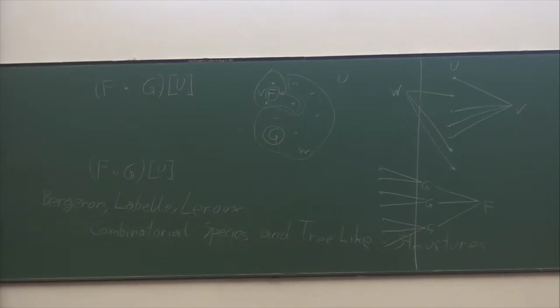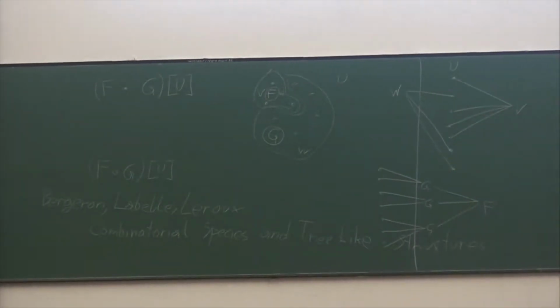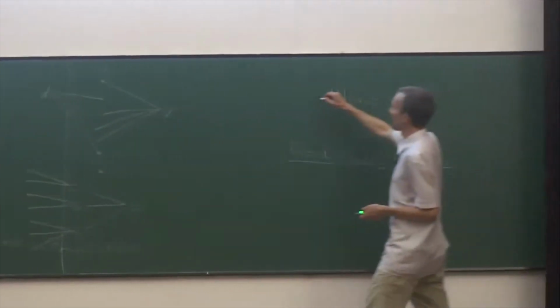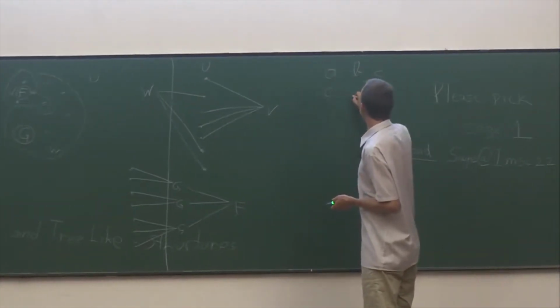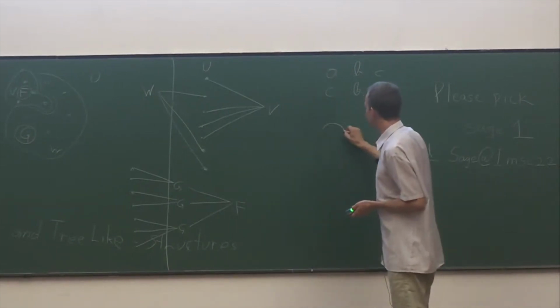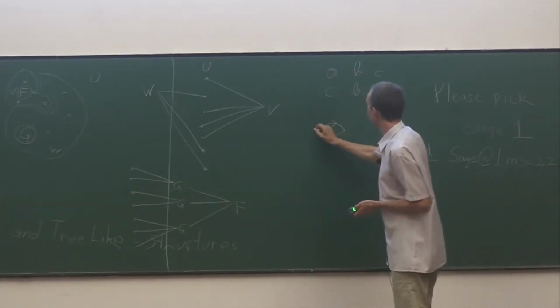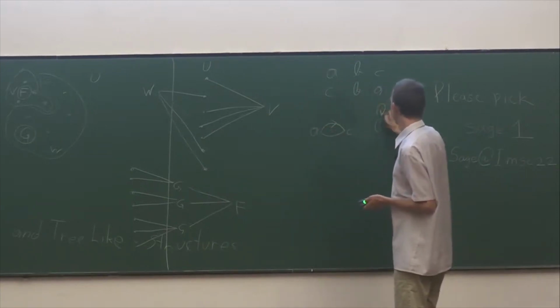A maps to B. So just imagine I have a blackboard. The last element is CBA, which means, I like to draw it as, A goes to C, and B is a fixed point.